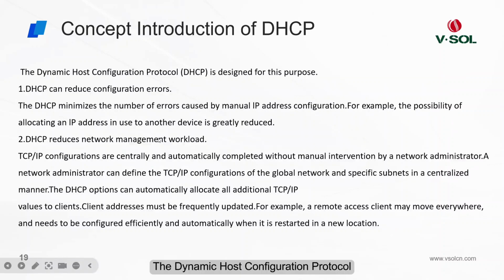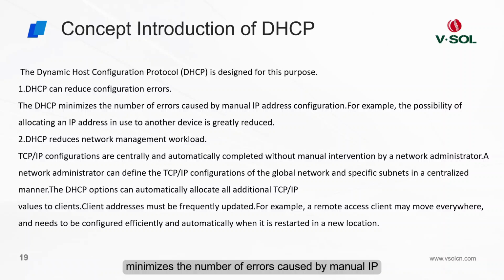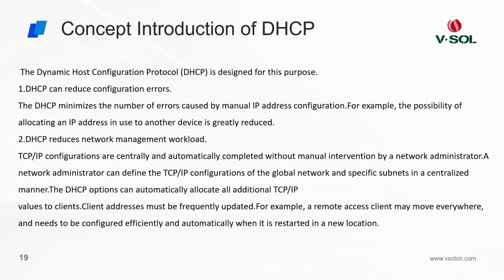The Dynamic Host Configuration Protocol, DHCP, is designed for this purpose. 1. DHCP can reduce configuration errors. DHCP minimizes the number of errors caused by manual IP address configuration. For example, the possibility of allocating an IP address in use to another device is greatly reduced.